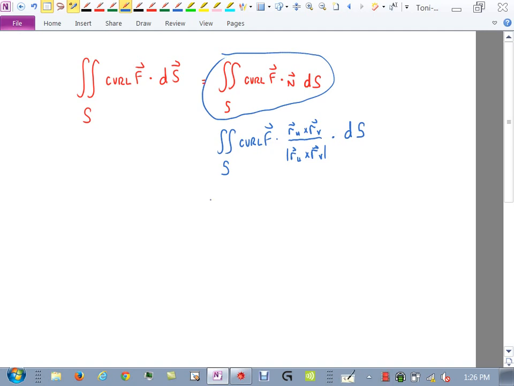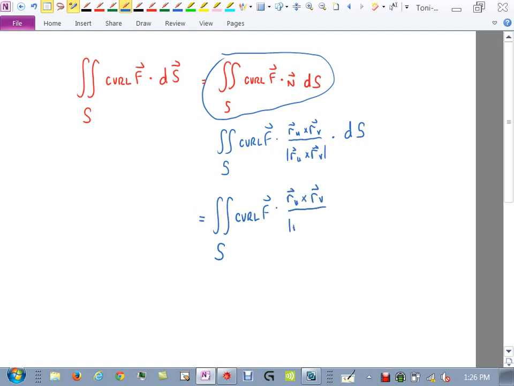Now, the way we get to our final formula is if we introduce, write it this way.